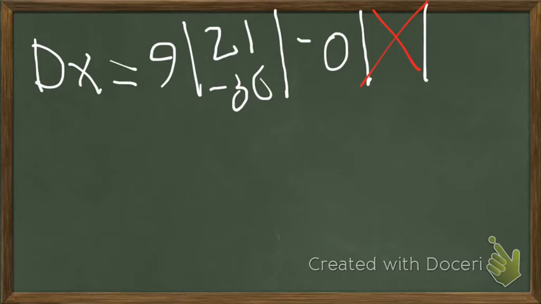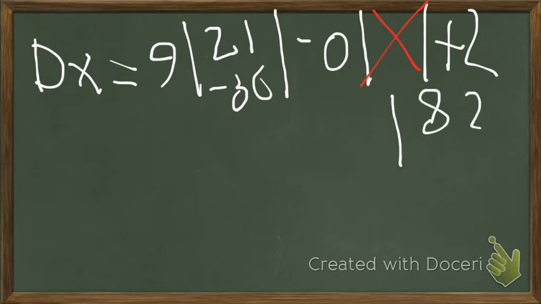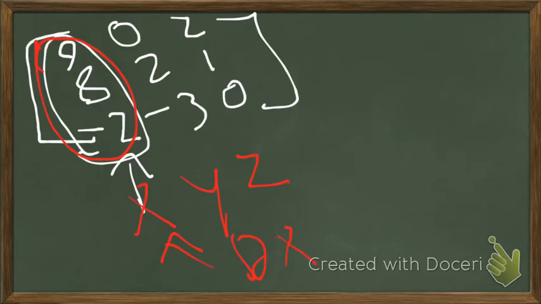And then plus 2 times 8, 2, negative 2, negative 3. Just like earlier, you do the bars. If you're trying to find 0, you just do that and you have 8, negative 2, 1, 0.